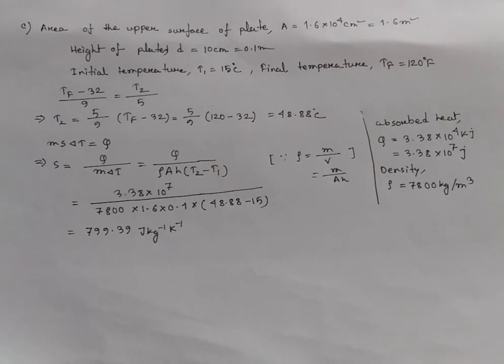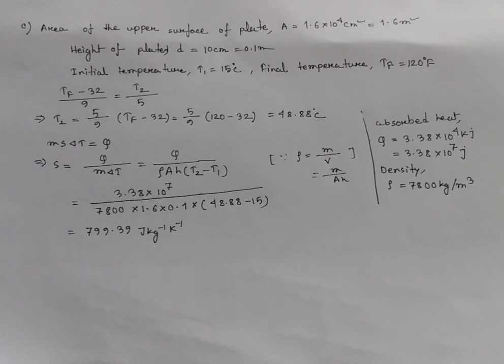Here, if we want to convert the Fahrenheit into the Celsius scale, assuming that the final temperature here will be T2, the relation will be (TF minus 32) divided by 9 equals T2 divided by 5.